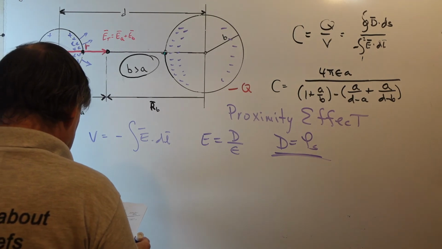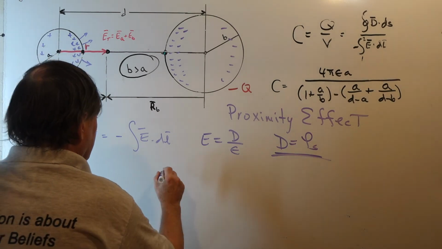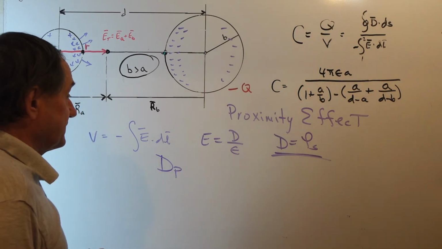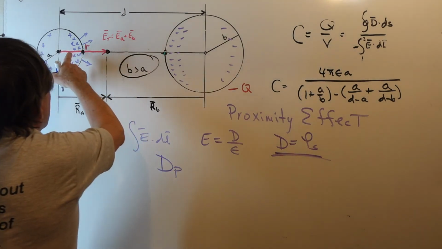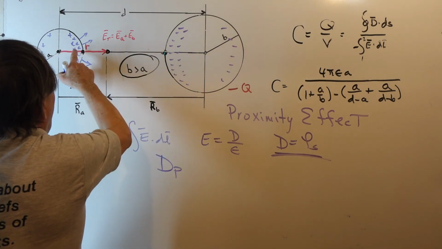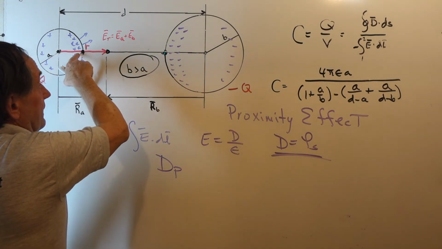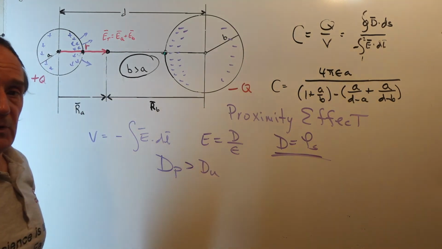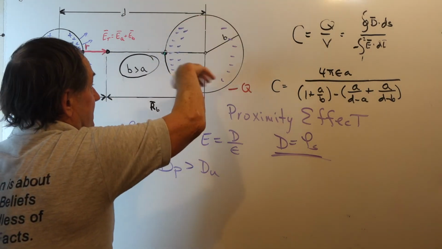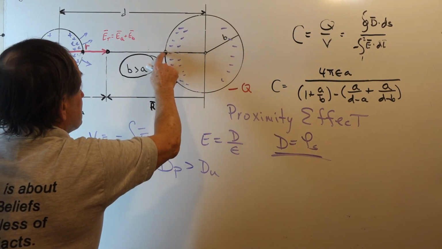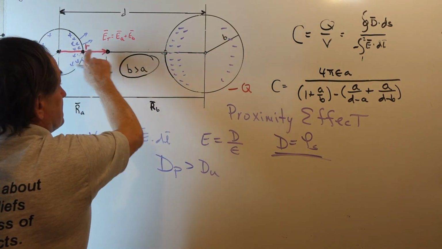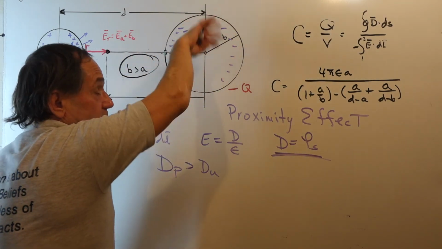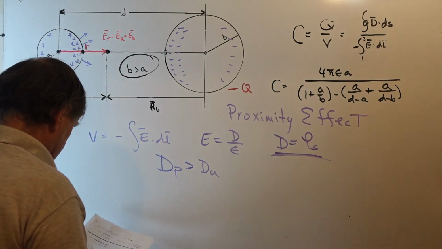So I can say that the D, when you have proximity effect, along this radial line in this area is going to be greater than the D when we had uniformly distributed charge. So the D fields are going to be slightly larger at the surface of the sphere as they're brought together than they were when we have a uniformly distributed charge.